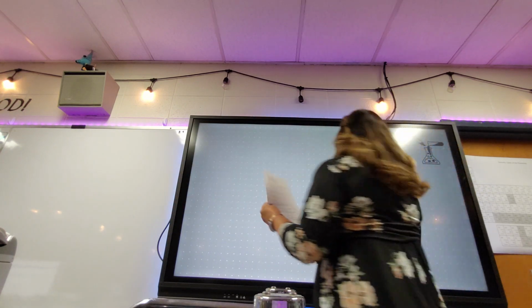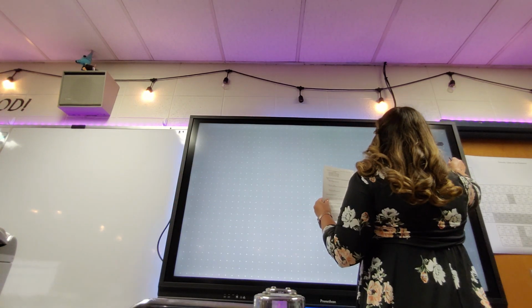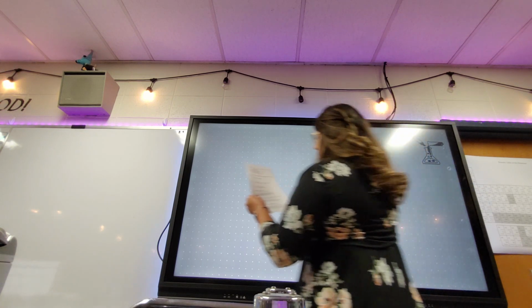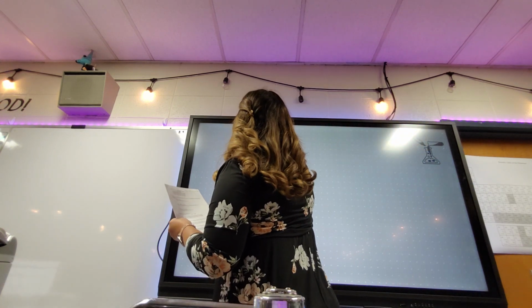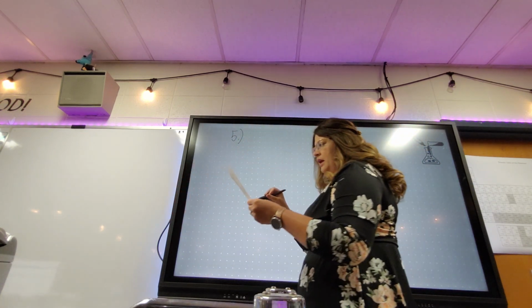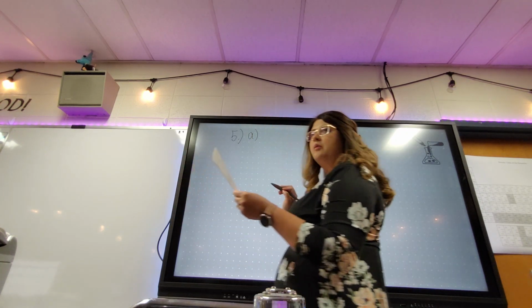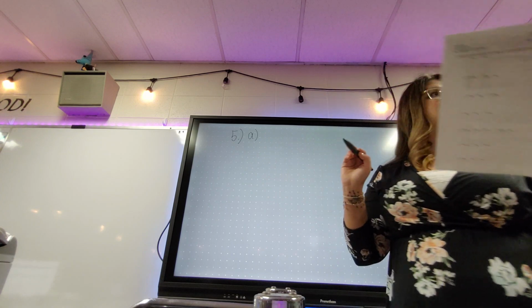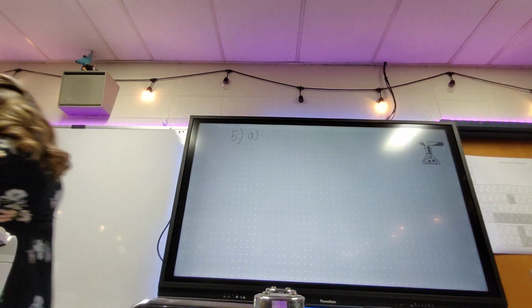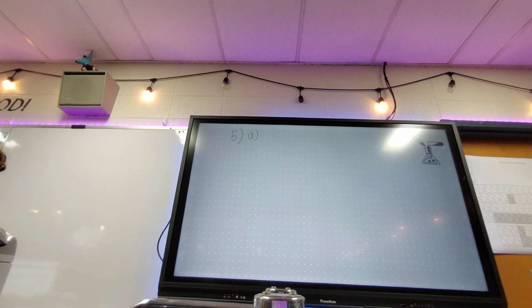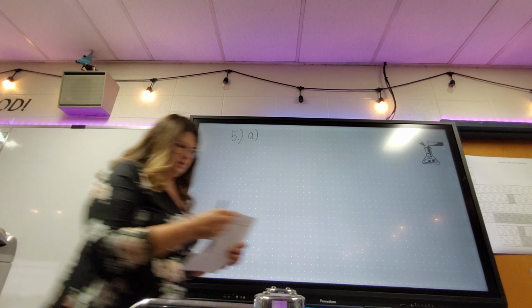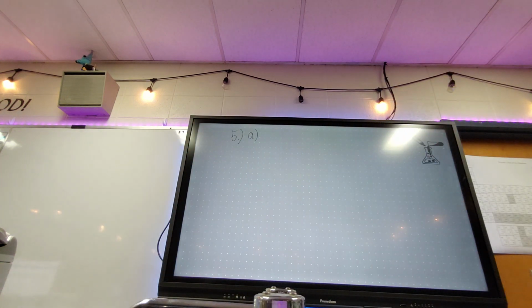For example, number 5. Number 5 asks us to write the rate law, and then it'll tell us in the problem what the reaction orders are.